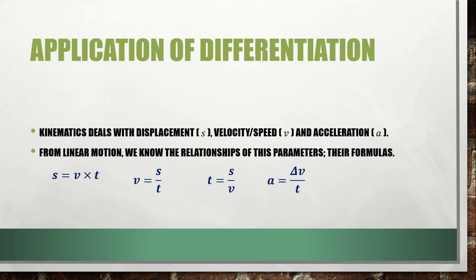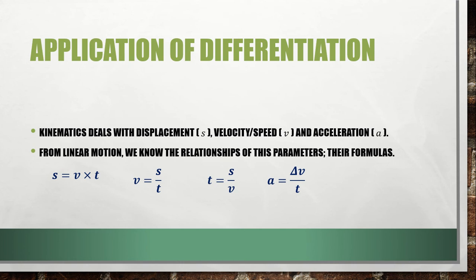Now, from linear motion, what I've simply done is explain mathematically what these terms are. But from the physics point of view, or even linear motion that you learned earlier in mathematics, you know that displacement is basically the distance covered by a body in a specific direction.